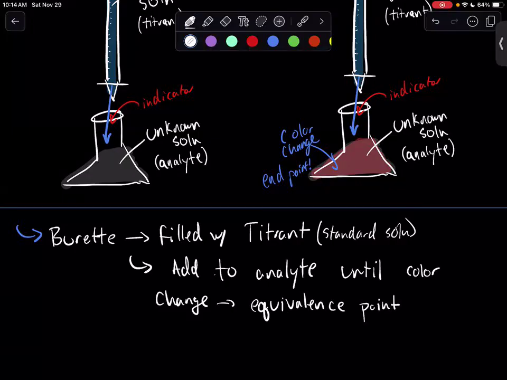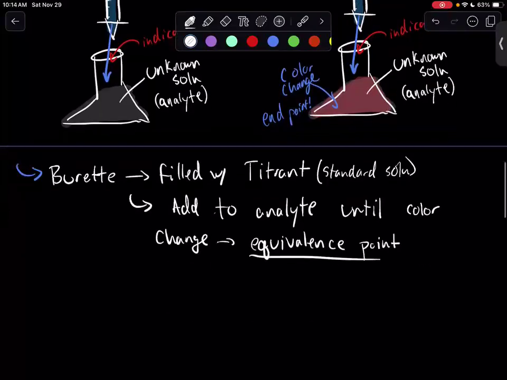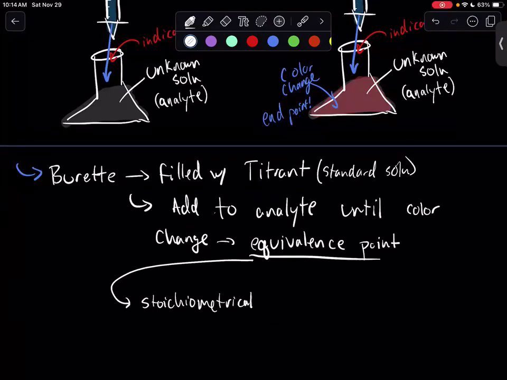You can guess from the meaning of the word, equivalence point, it's when there are equivalent amounts, but the actual term we use is that there are stoichiometrically equivalent amounts, meaning that based on the equations, we have equal numbers of moles of our titrant and analyte within that container, or within our Erlenmeyer flask.